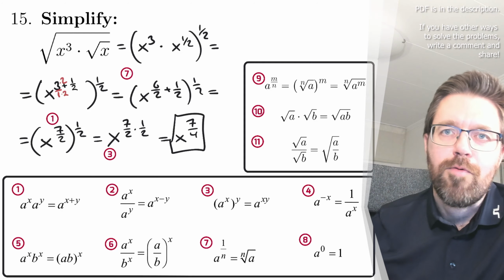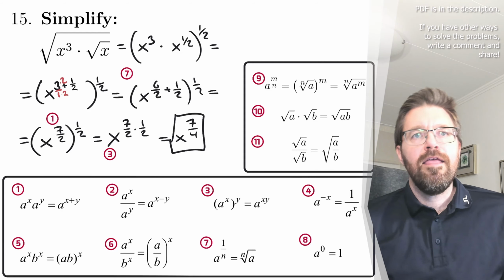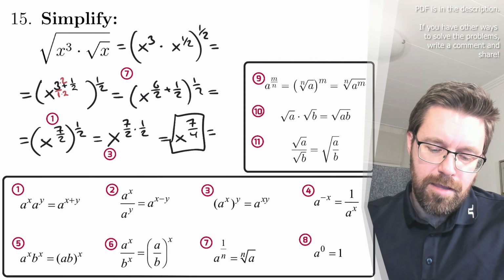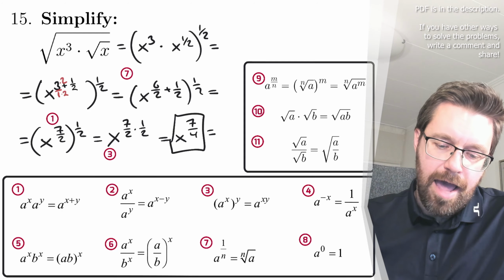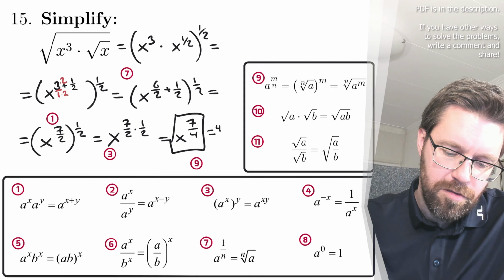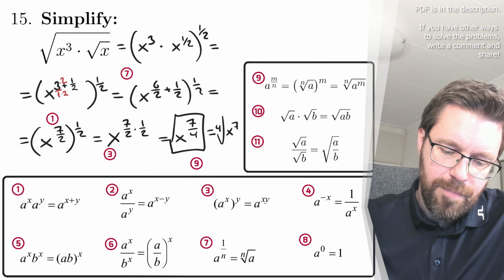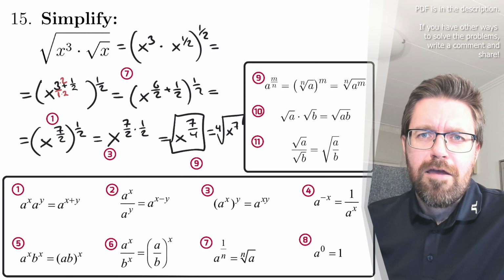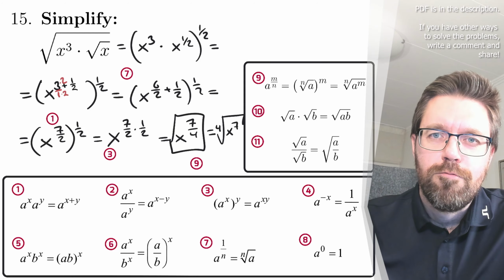Like this, x raised by 7/4. And this is the answer to the question. And of course, you can rewrite it by rule number 9 if you want to write it like the 4th root of x raised by 7. But I don't think that this is any easier. But you can do it if you want.